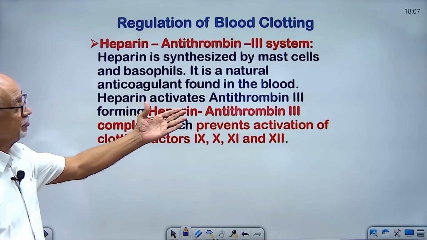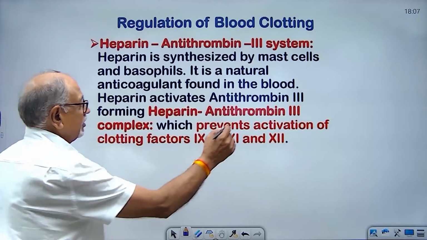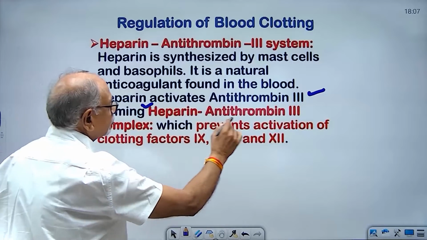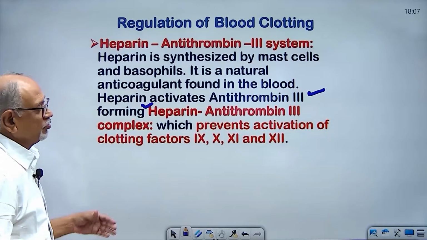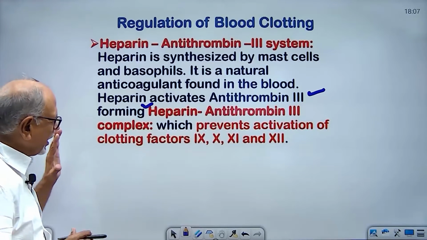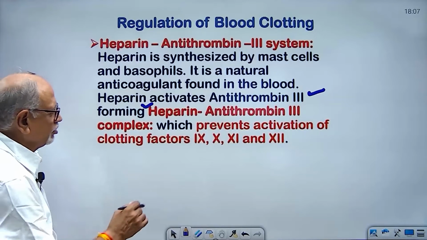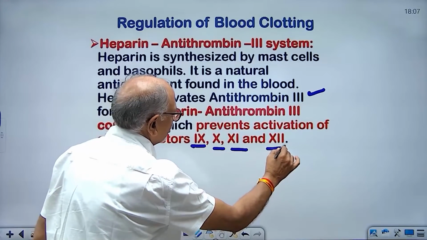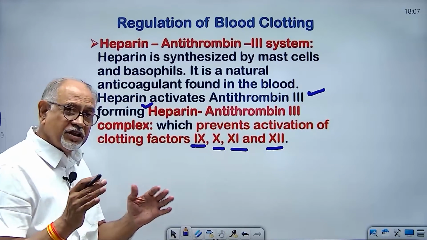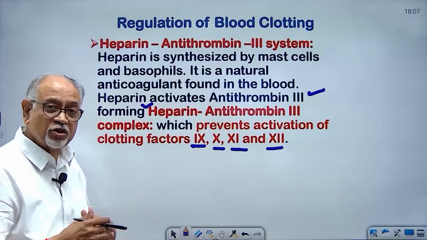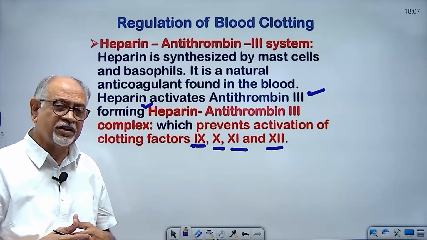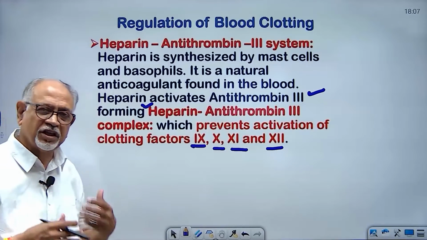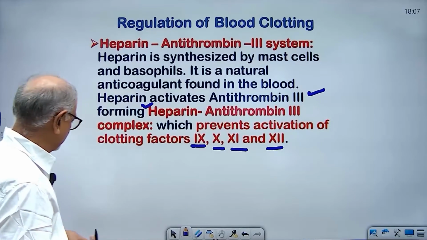Heparin activates antithrombin 3, forming a heparin antithrombin 3 complex, which prevents the activation of many clotting factors, including 9, 10, 11, and 12. So, by inhibiting these factors, the blood coagulation is prevented inside the blood vascular system, preventing formation of thrombus.